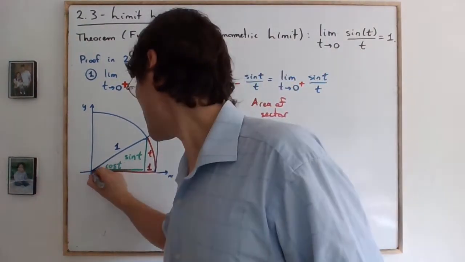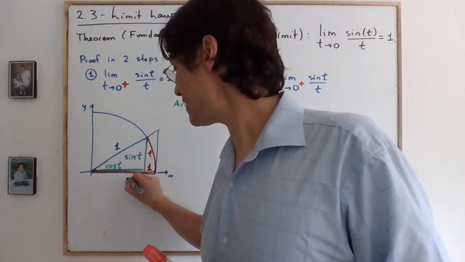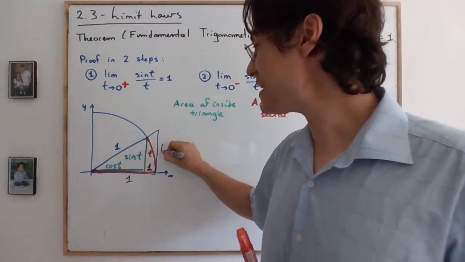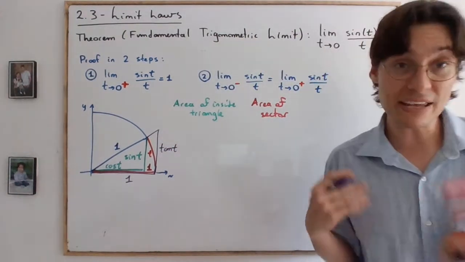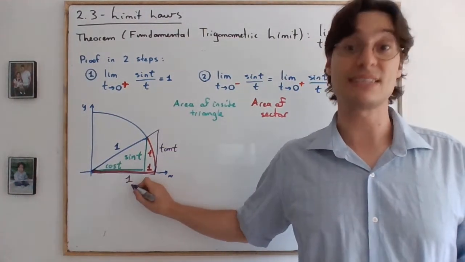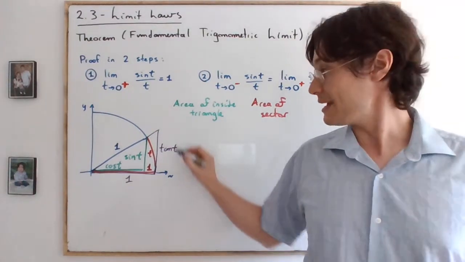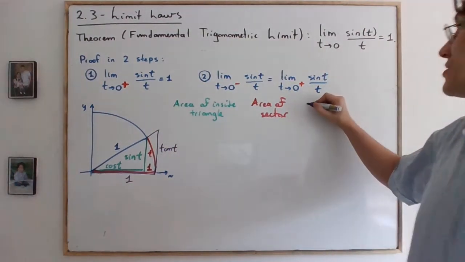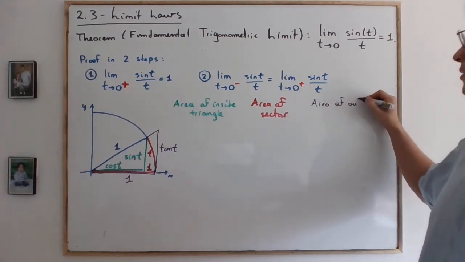If we do this, then this length over here is also 1, which makes this side have value tangent of t. Because for a given angle t, the tangent of t is opposite over adjacent. Since we know that the adjacent is 1, the opposite is tangent of t. We will call this the area of the outside triangle.